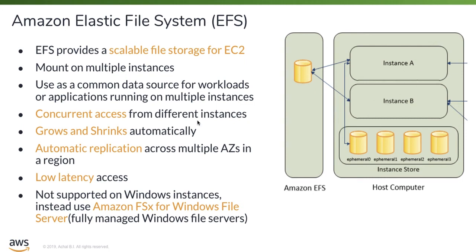This file storage can grow and shrink automatically. You can have automatic replication across multiple availability zones in a region, which is not available in any of the other storage options, that is instance store and Elastic Block Store.